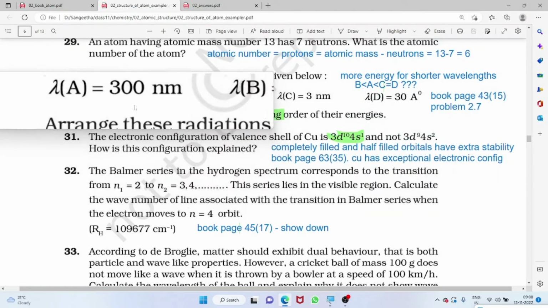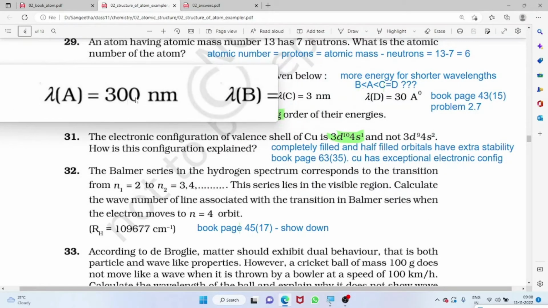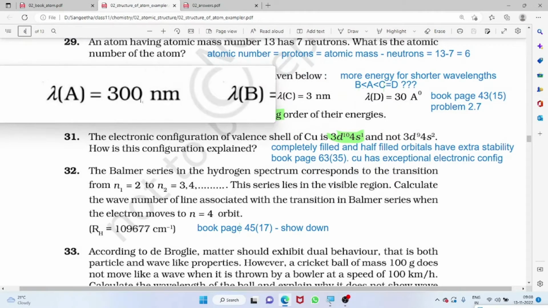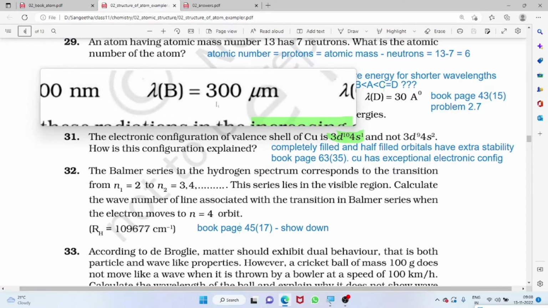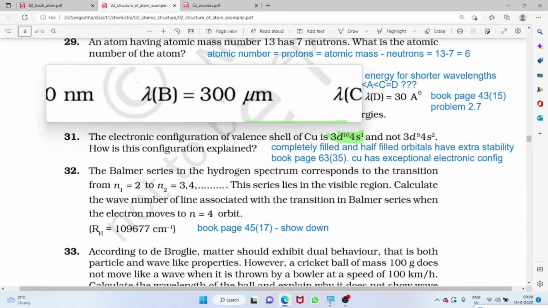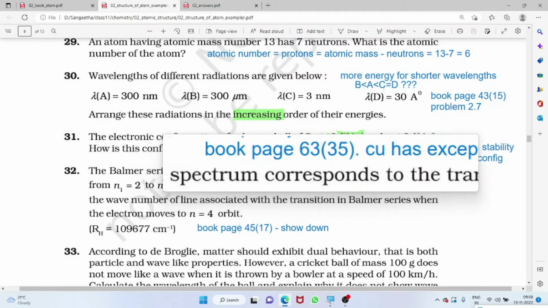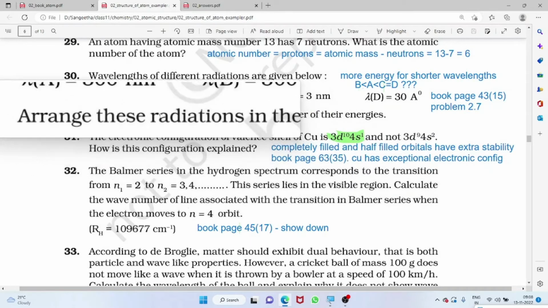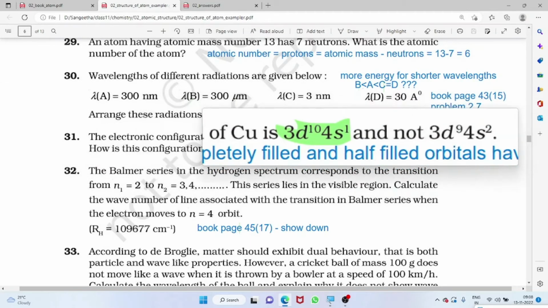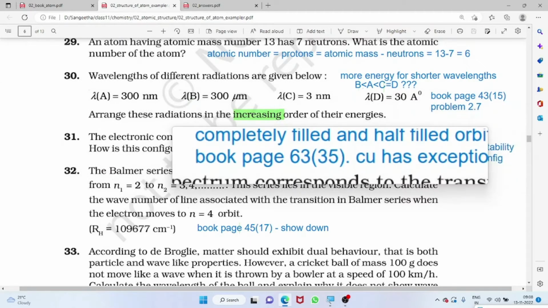So here among these, the lowest energy is the micrometer. This is a nanometer, a shorter wavelength. This is a higher wavelength. So B comes first, then A, then C and D.